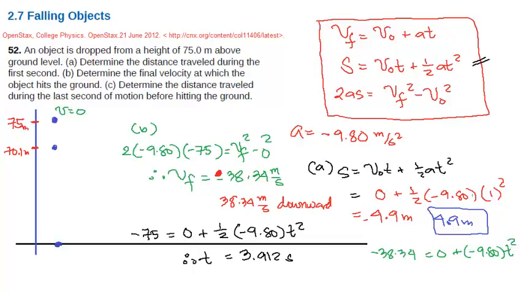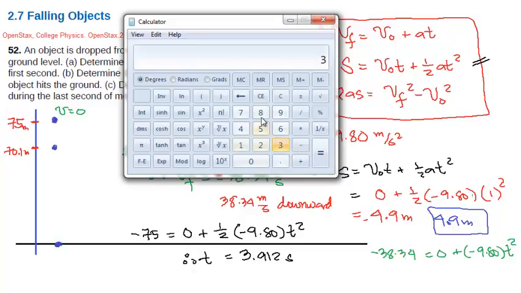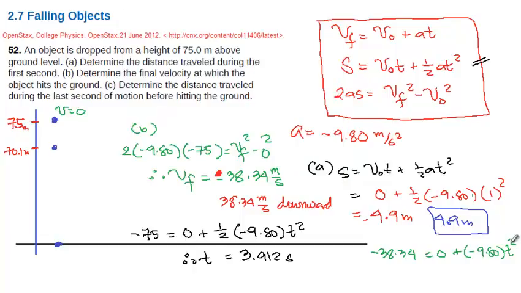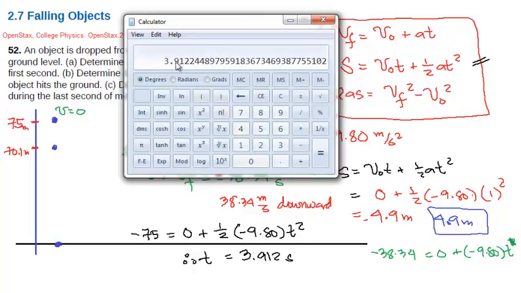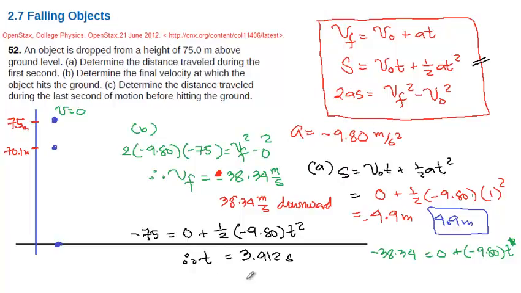And I think the same thing, right? 38.34 divided by 9.80. There's no square there, just t. So you don't take the square root. We get 3.912, the same thing that we get using equation 2. Okay, so this is the time.